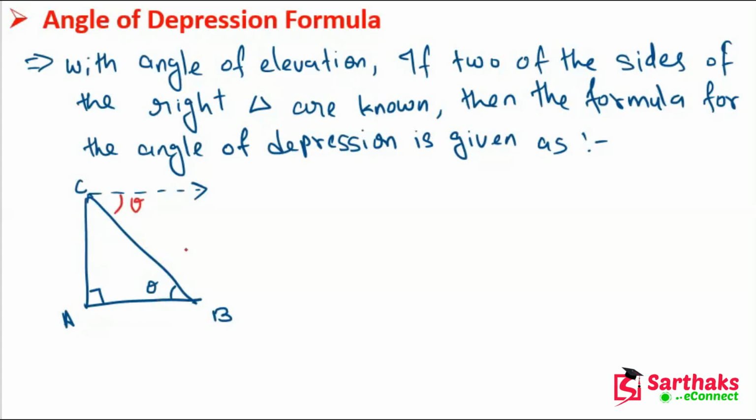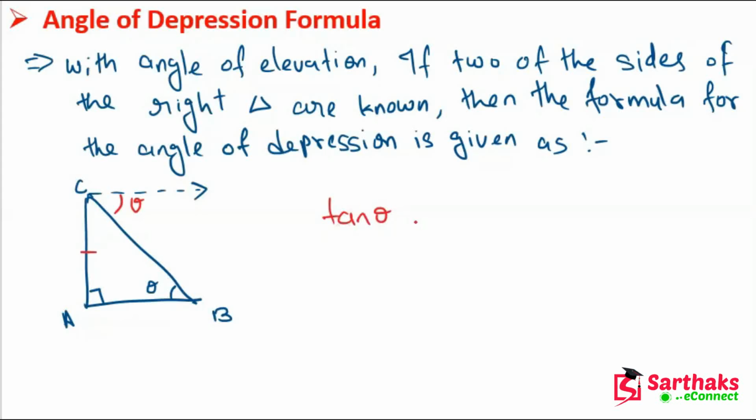So with angle of elevation, if two of the sides of a right triangle are known, means if we know any two sides, then the formula for the angle of depression is tan theta.